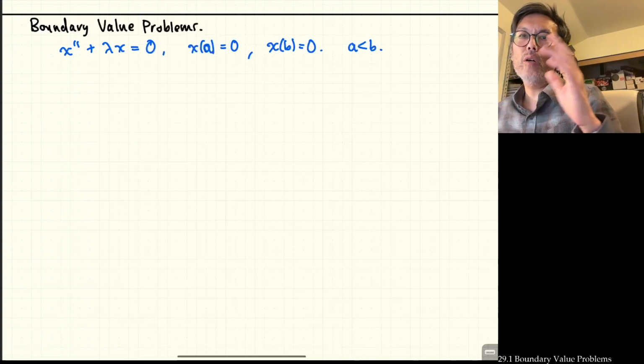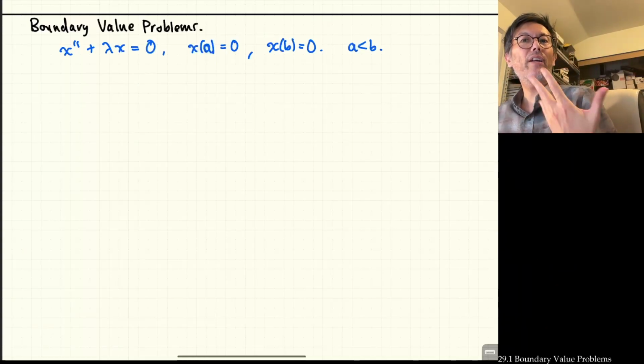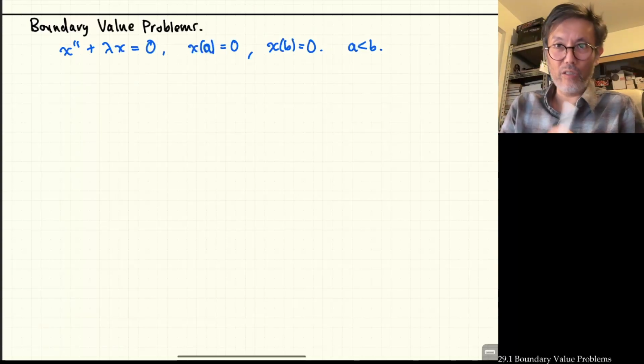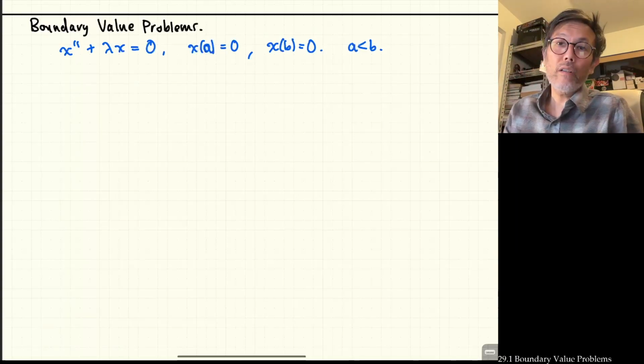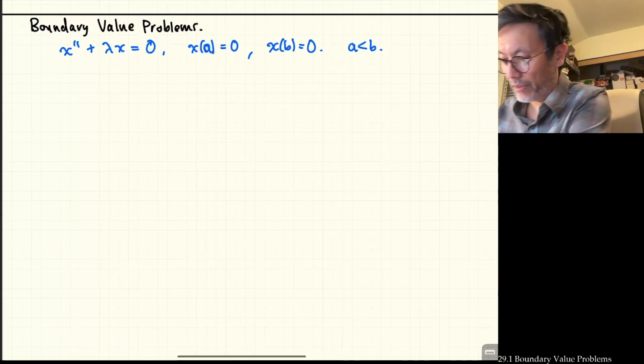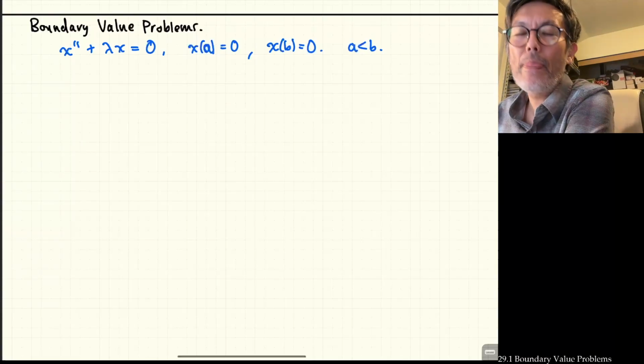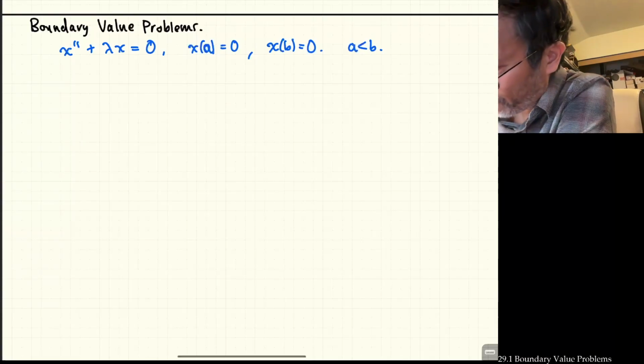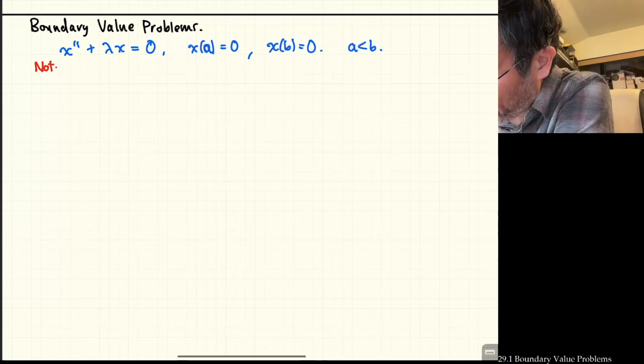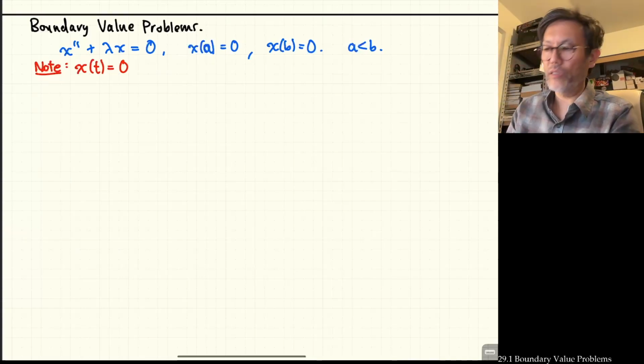So, unfortunately, we're not going to have nice results around the existence and uniqueness of solutions. Now, solutions definitely exist because you can see, for example, in this problem here, x equal to 0 is a solution. So if we take the constant solution x of t equal to 0, that's obviously a solution.